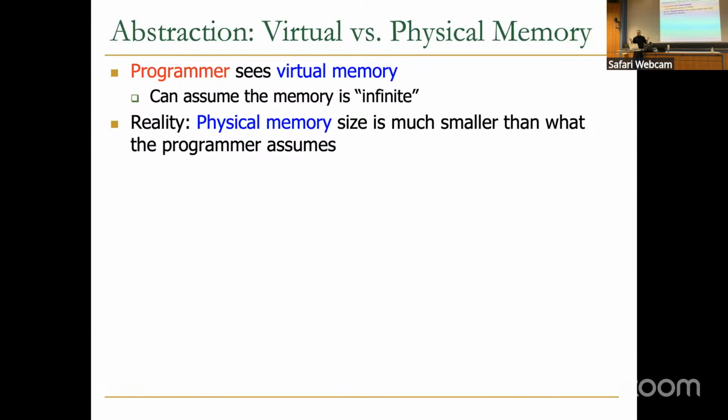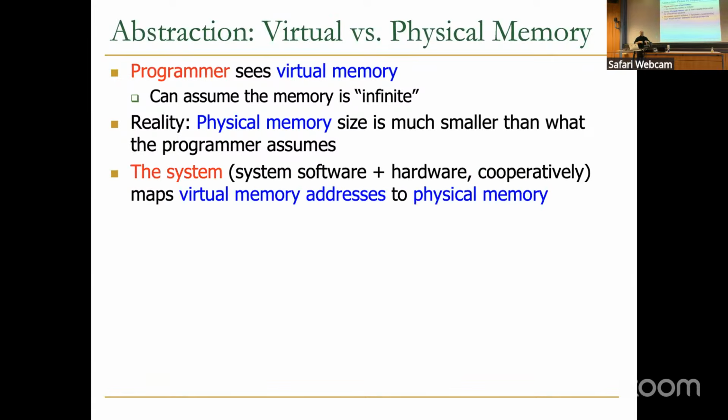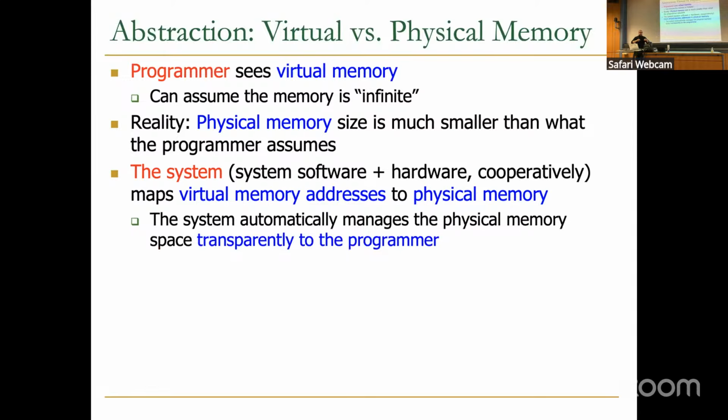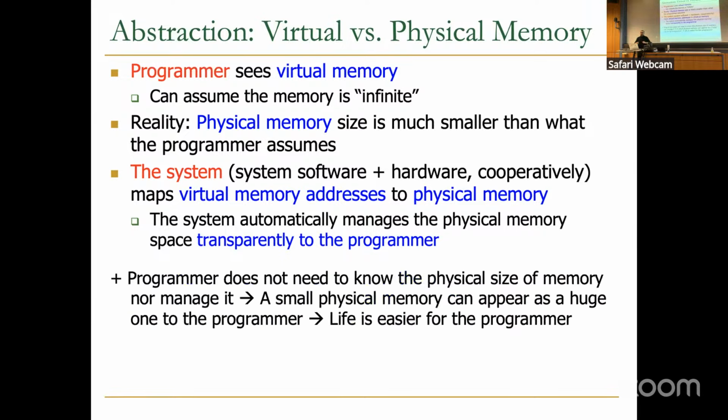In reality, though, physical memory size is much smaller than what the programmer assumes, and the system magically, this magic I will explain today, somehow maps virtual addresses to the physical memory. So this is done automatically, transparently from the programmer. The programmer doesn't need to care about how this is done, basically. So a small physical memory can appear huge to the programmer and makes the life much, much easier. And this is one of the most important key benefits that virtual memory brings to the game.